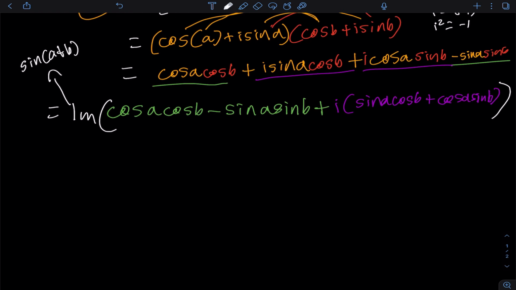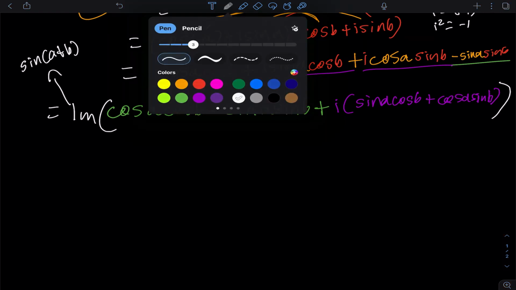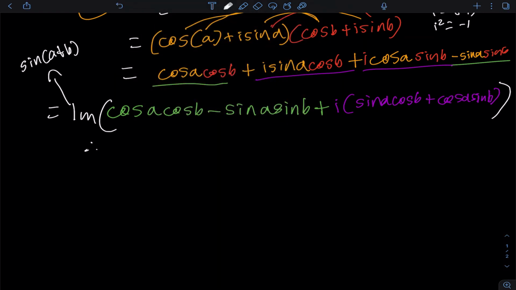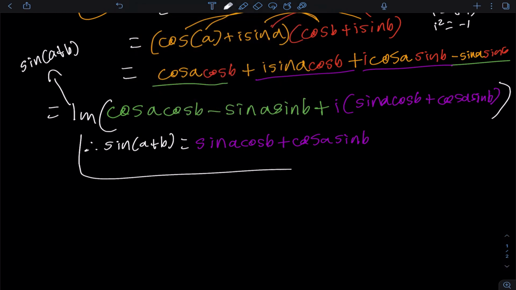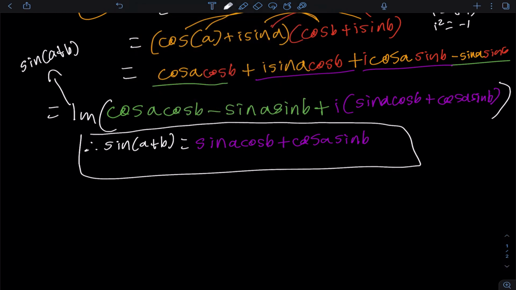Well, we know the imaginary part is the part which contains the I in it. So let's find that out. That means sine of A plus B is equal to, to make it very clear, sine A cosine B plus cosine A times sine of B. And this is the proof of the sum identity for sine.